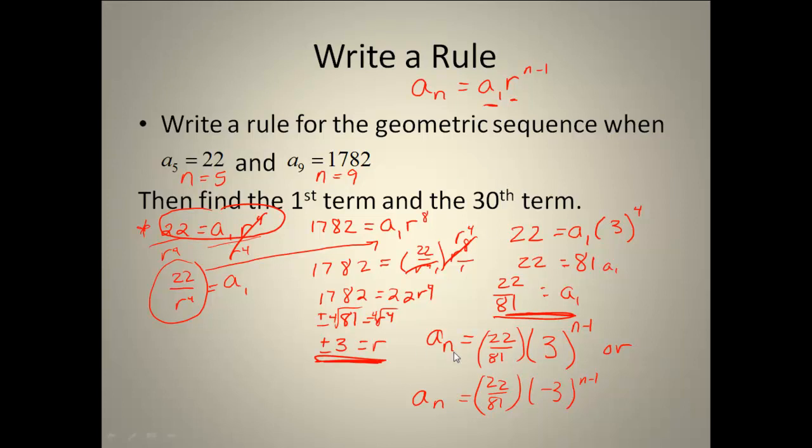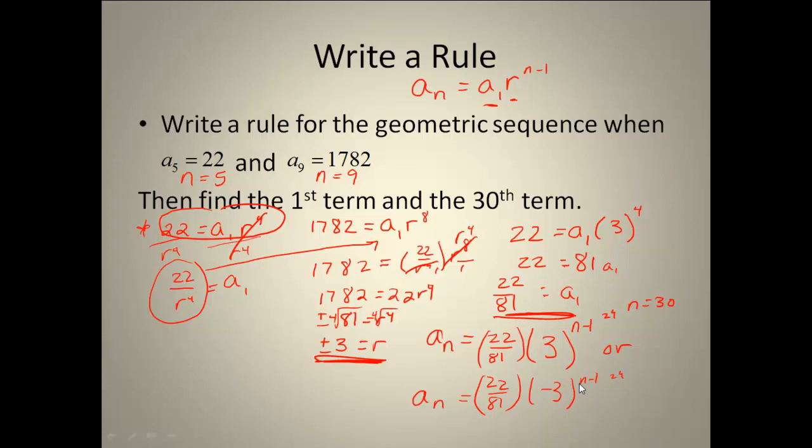The last part here says find the 30th term. Well, I'm going to plug it into both equations. So I'm going to let my n be equal to 30, and I'm going to substitute it into both of them. So I would be using an exponent of 29. Now the reason I'm going to do it into both of them is because it could possibly change my answer.